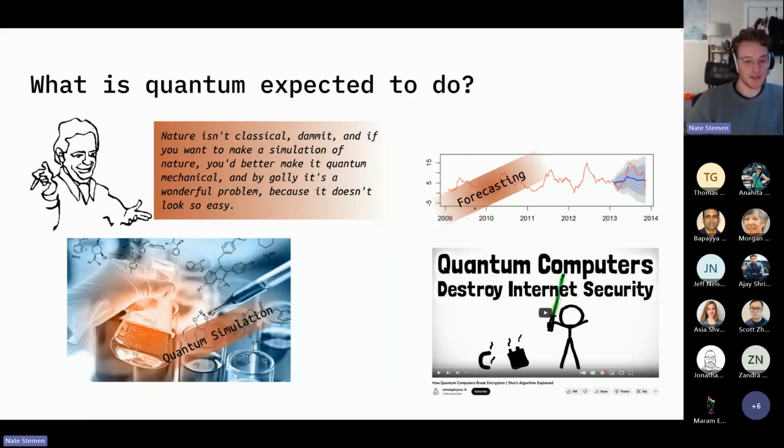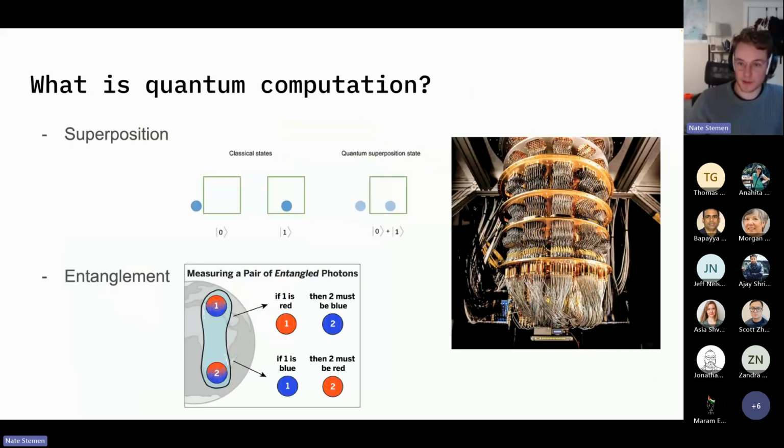And it's interesting too, because even though at the moment we have quantum computers, like this picture on the right is a quantum computer. I don't know exactly which one it is. I can tell you it's a superconducting qubit device.